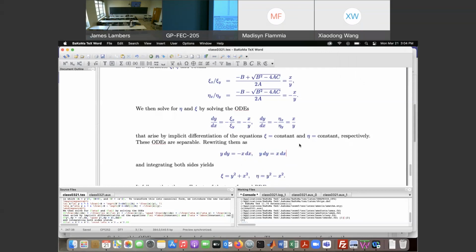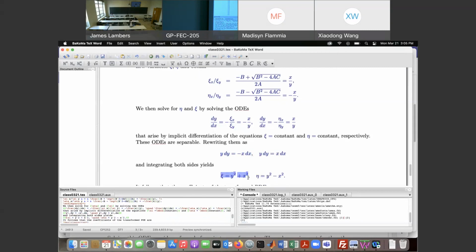That constant of integration is eta. So that's why this ODE leads to this formula for xi, and this one, when you solve it, leads to this formula for eta. So the constants of integration lead to xi and eta appearing in these formulas. So now you have formulas for the new variables xi and eta that come from these ODEs.